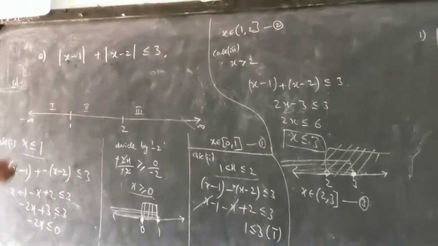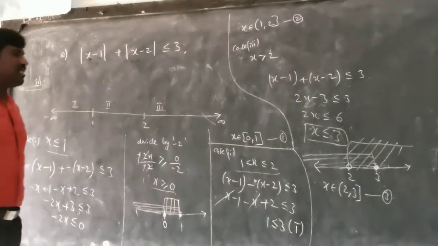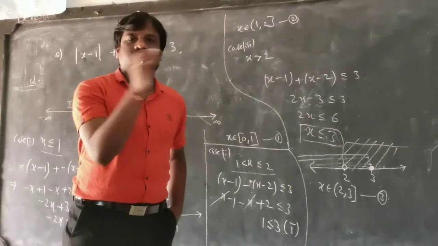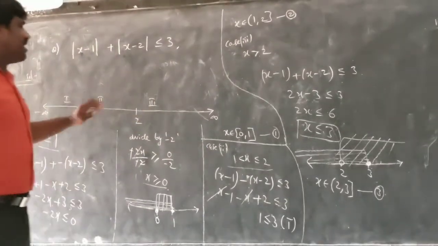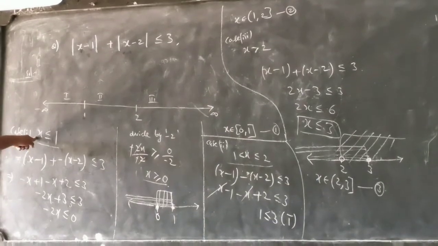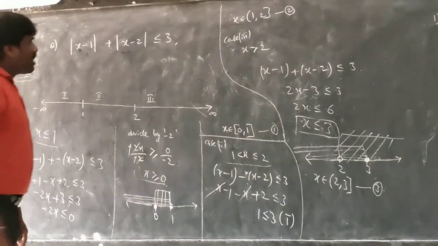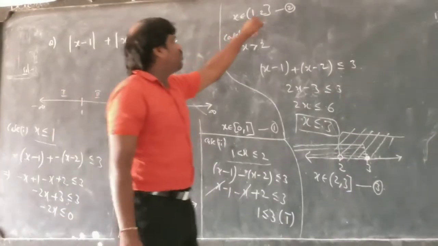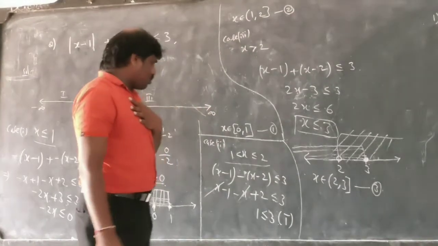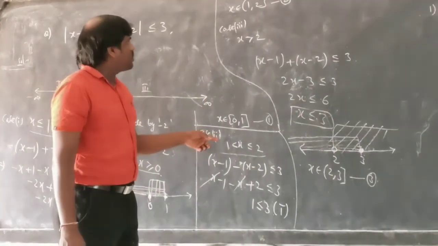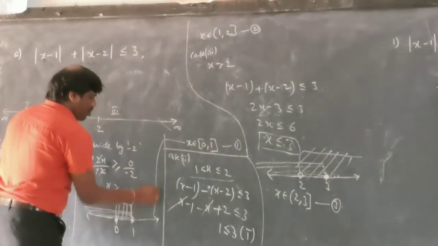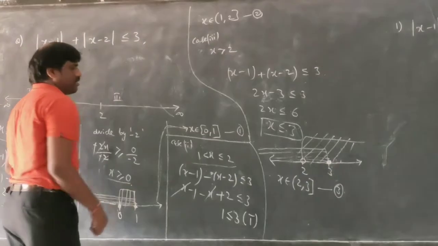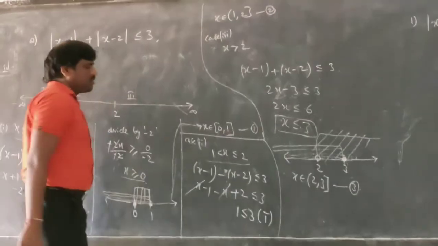So you got all the 3 answers. The final answer is the union of all these 3 answers. Case 1, I got the answer 0 to 1 closed.